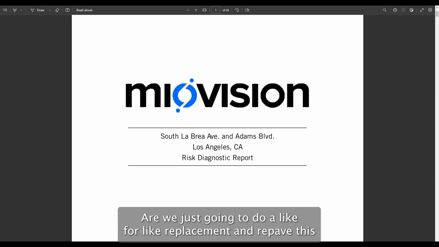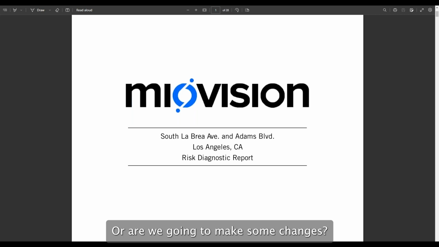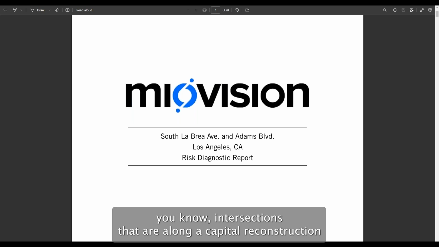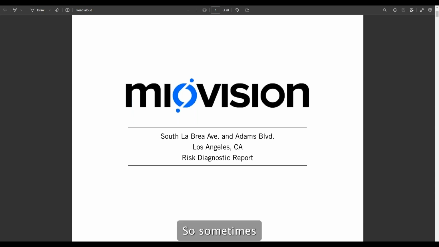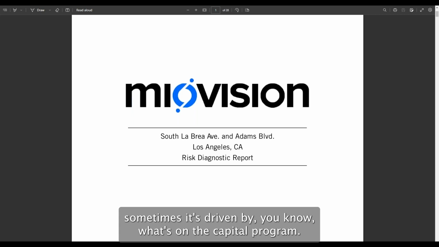Are we just going to do a like-for-like replacement and repave this and refresh the signals with modern equipment, or are we going to make some changes? So they may select intersections along a capital reconstruction corridor to clarify if there are safety issues that need to be addressed. So sometimes it can be driven by crash data, sometimes by complaints, sometimes by what's on the capital program.